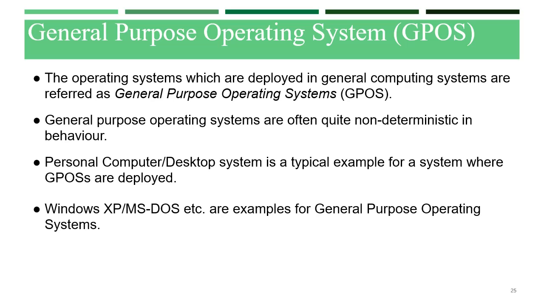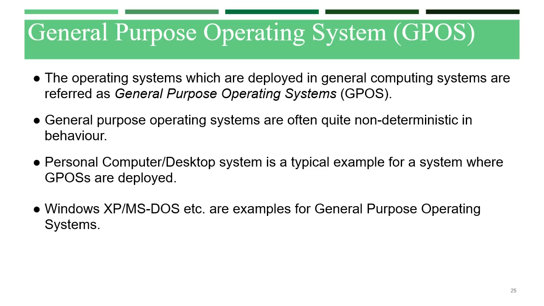General purpose operating systems are often quite non-deterministic in behavior. Their services can inject random delays into application software and may cause slow responsiveness of an application at unexpected times. GPOSs are usually deployed in computing systems where deterministic behavior is not an important criterion.